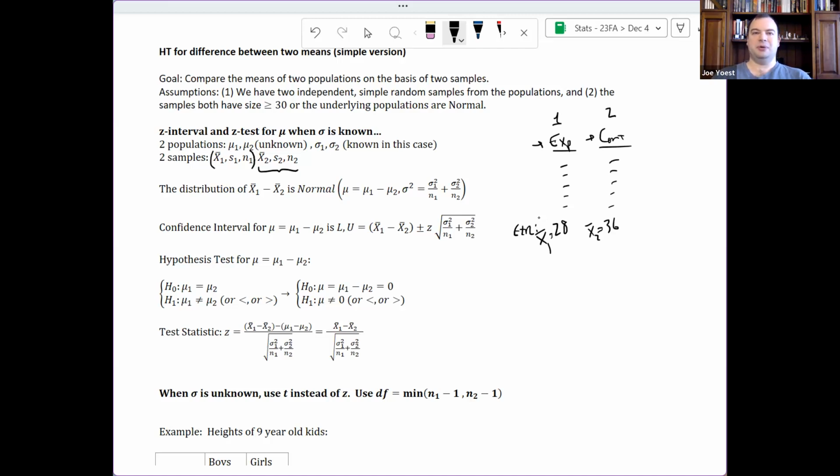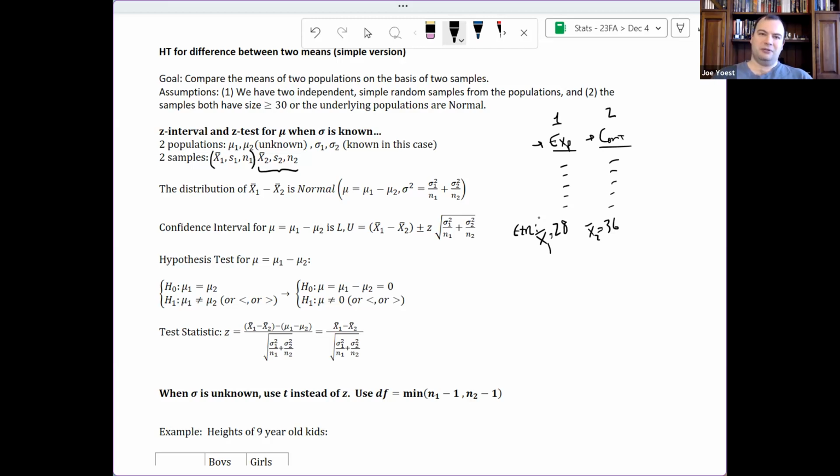Maybe I just happened to put a few extra people in my experimental group who would have gotten better quicker anyway. And maybe I put a few extra people in my control group that would have taken a little bit longer anyway. And just by chance, that's how it worked out, even though my medication doesn't actually do anything.